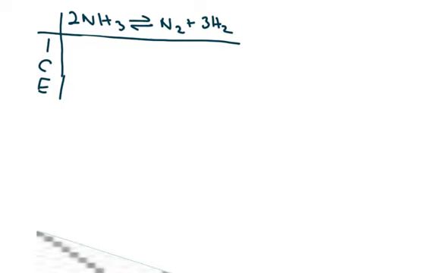I'm going to go back to the word problem, and I'm going to figure out what's initially in the container. So this one's a little bit different than the last one because it was given to me as moles and volume of container. So the concentration that was given is the NH3, and we were given it as 4 moles in a 2-liter container.